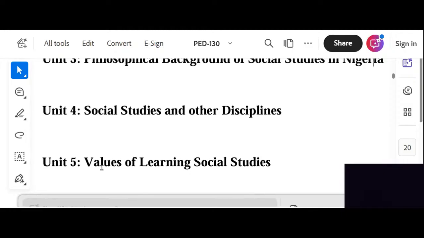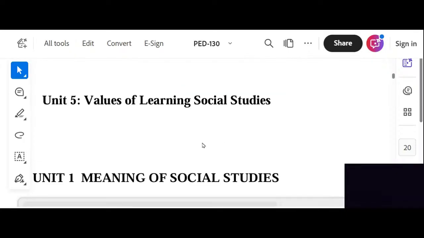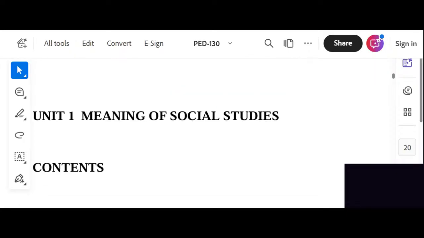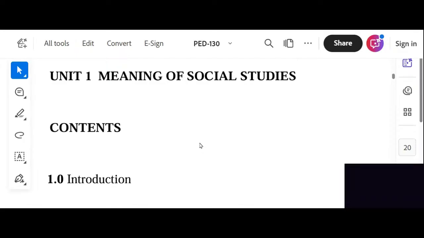Unit 5 is very important to you because you might be asking yourself why you need to study social studies, what importance it has, and what values it adds to you. You will learn that in Unit 5. So without wasting time, let's go to Unit 1, the meaning of social studies.